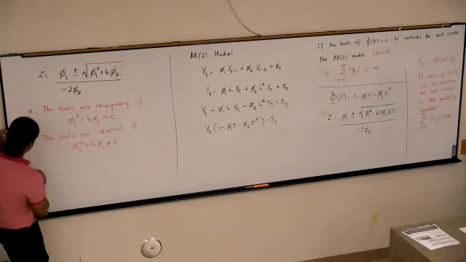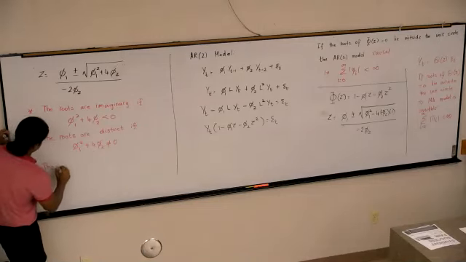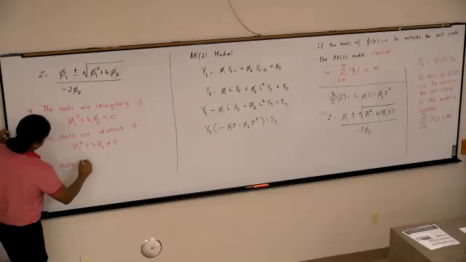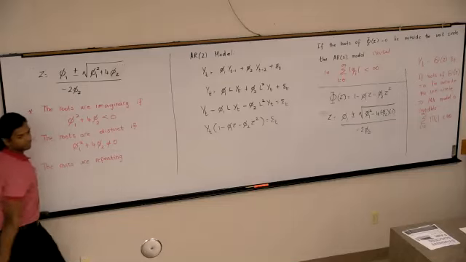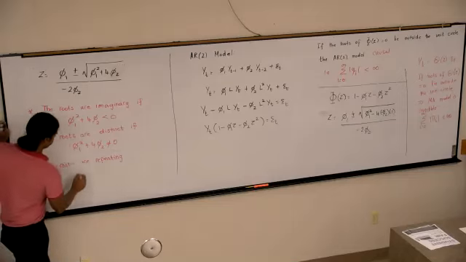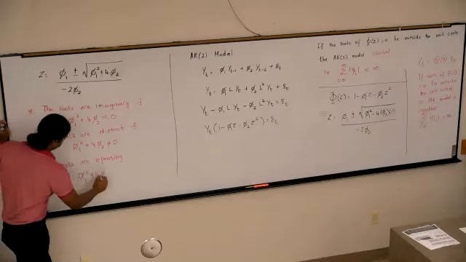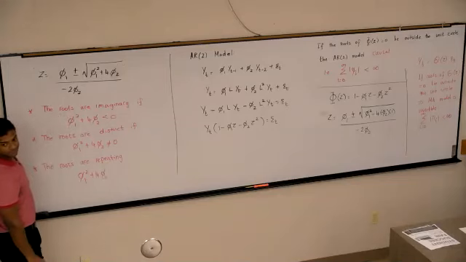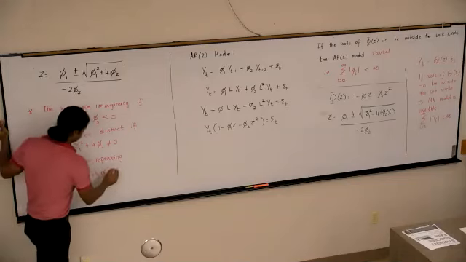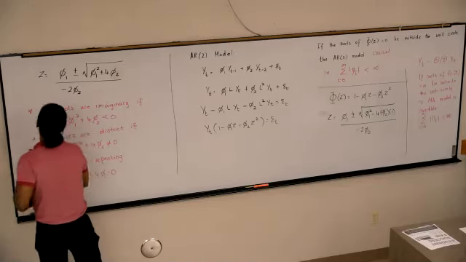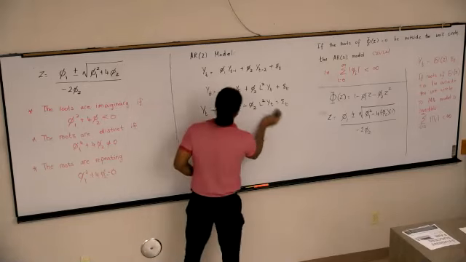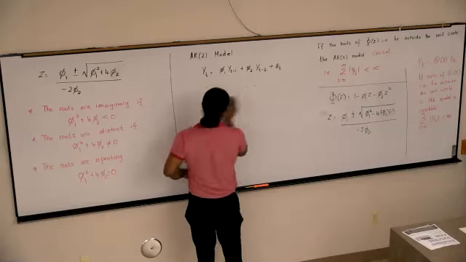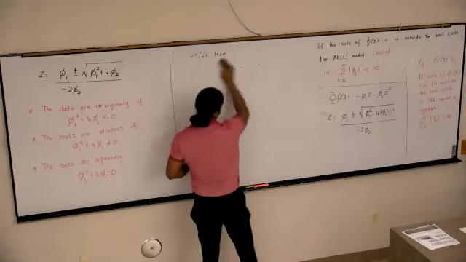The last case, the roots are repeating. When would that happen? If that equals 0. Can I erase this side? I'll give you a minute to copy.